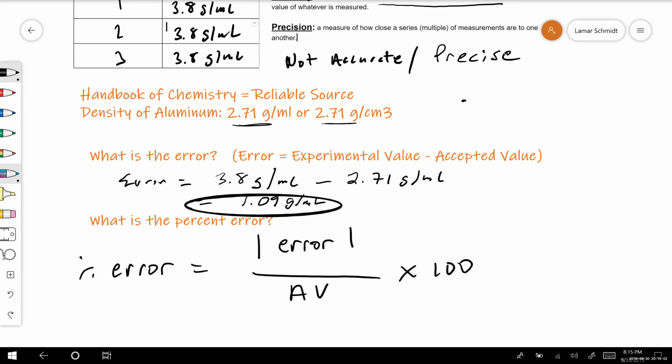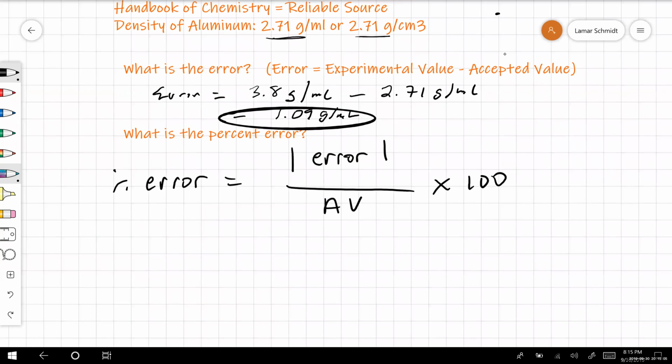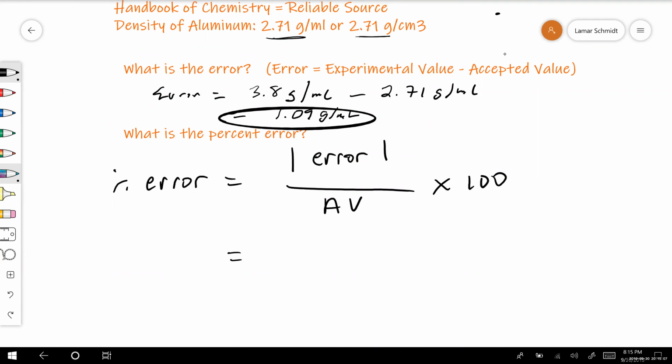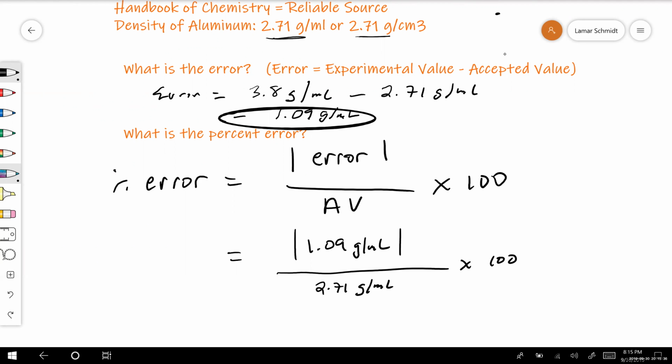Now what about our percent error? A percent error is equal to the absolute value of our error. That just means we don't have to consider the sign. So we have 1.09 grams per milliliter, divided by our accepted value. This AV stands for accepted value. It is 2.71 grams per milliliter. And then you simply take that value and multiply it by 100.